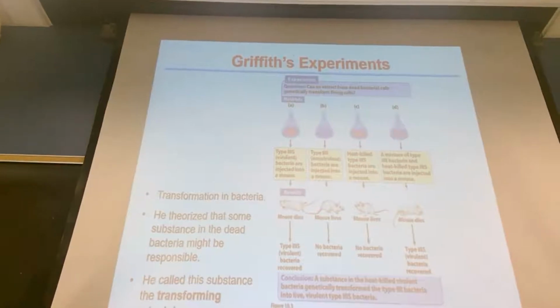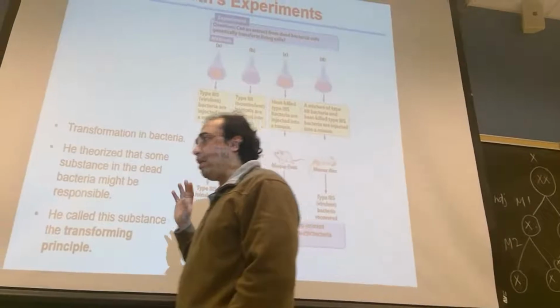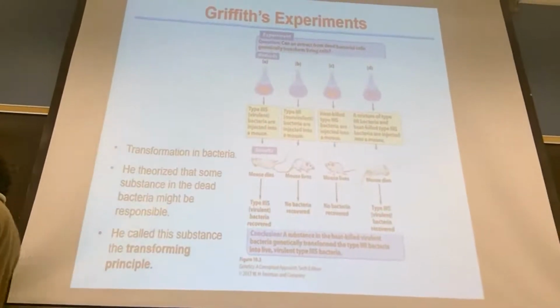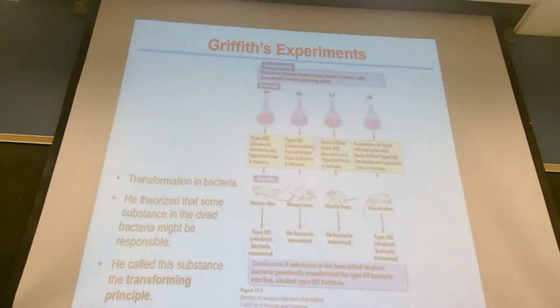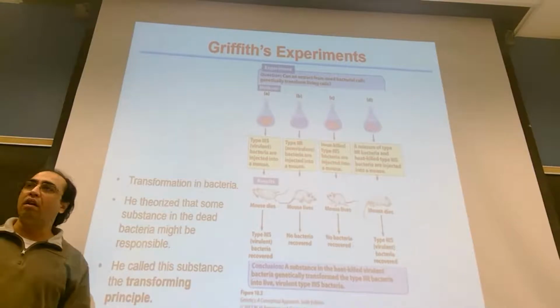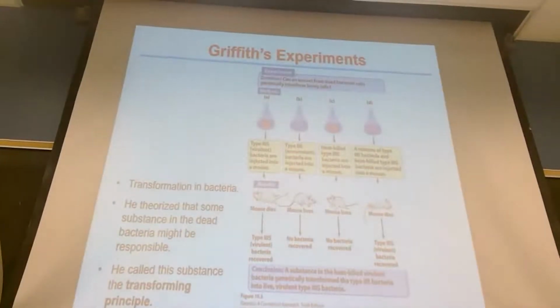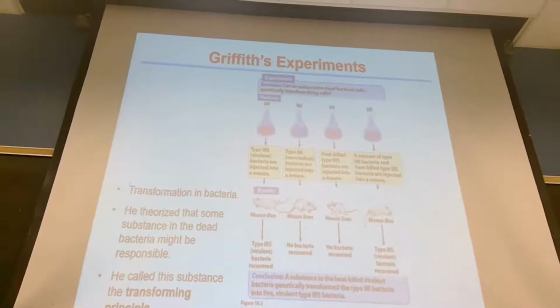As a result of the heat, they can kill the virulent type bacteria and break the surface. So this is called heat-killed bacteria. Heat-killed virulent type will not cause any kind of pneumonia in mice.